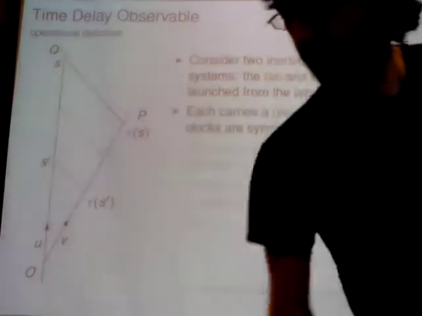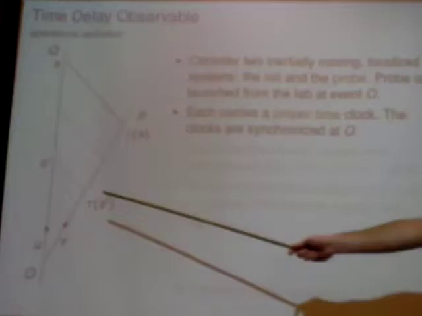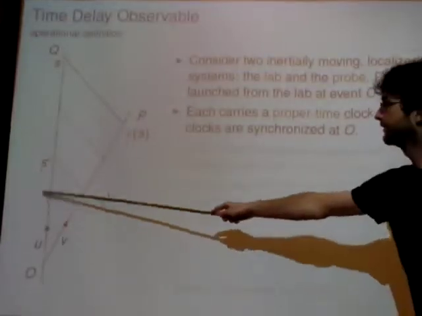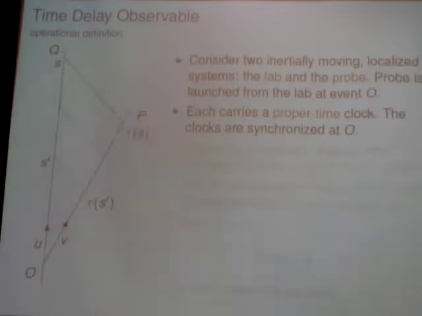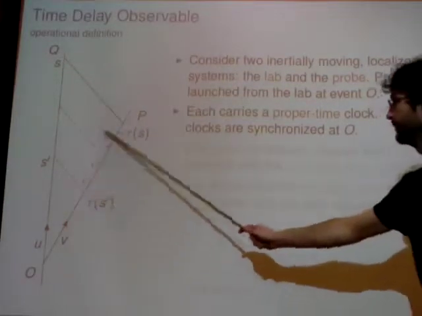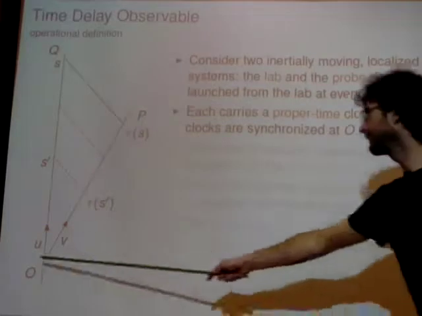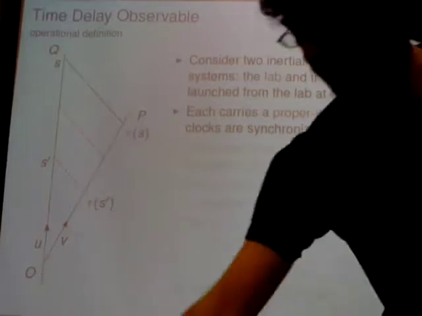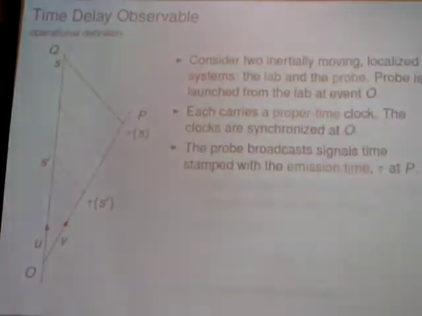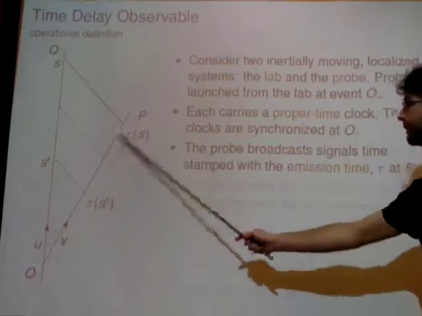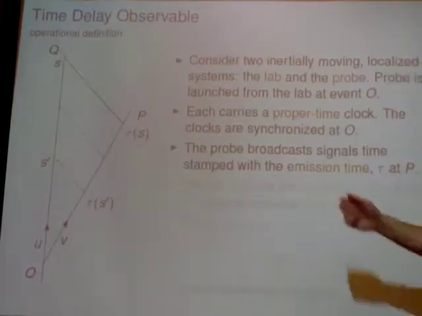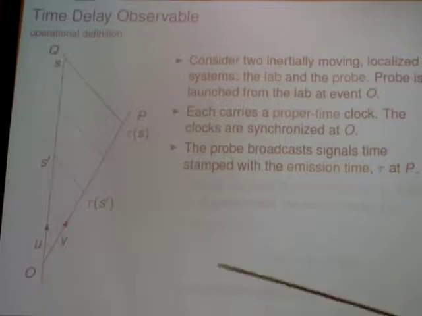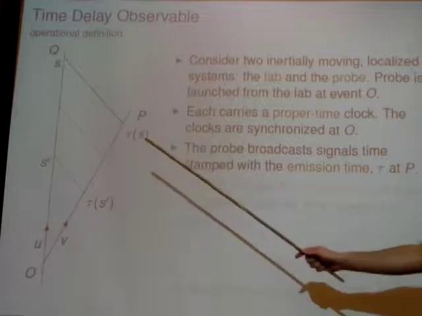Each of these objects carries a proper time clock, which ticks at proper time rate along each of these world lines, and say they're synchronized at the ejection point, at the point O. The probe has some instruments on it: besides the clock, it also has a radio transmitter, and what it does is periodically send out signals that are time-stamped with the emission time.